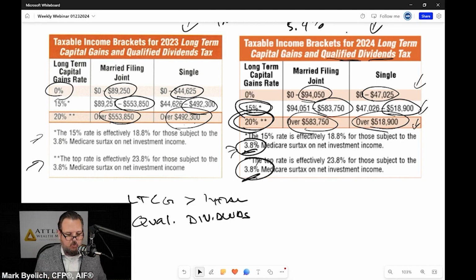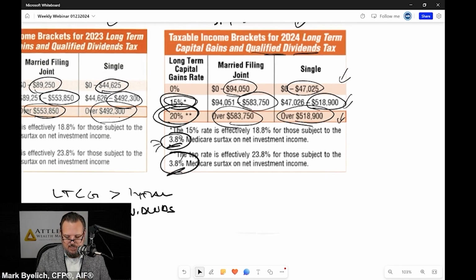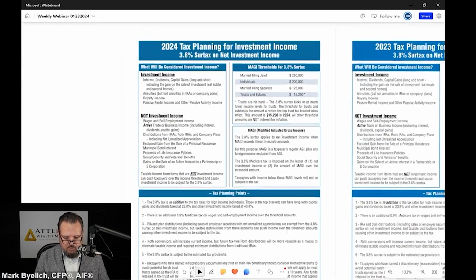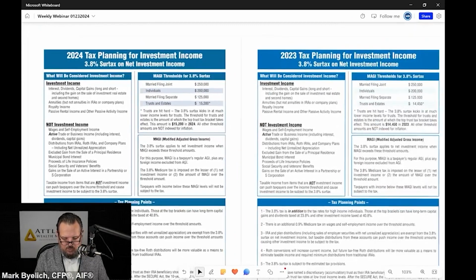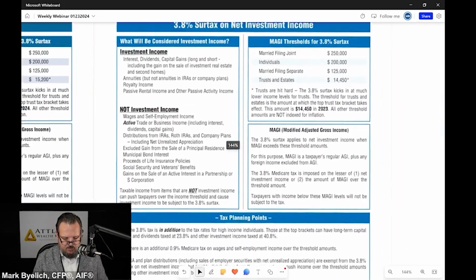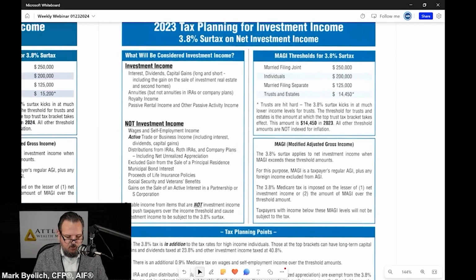It means you can earn more and potentially pay less tax on those earnings. But the thing that triggers that 3.8% surcharge hasn't budged. Let's look at this. What is that 3.8% surtax based on?